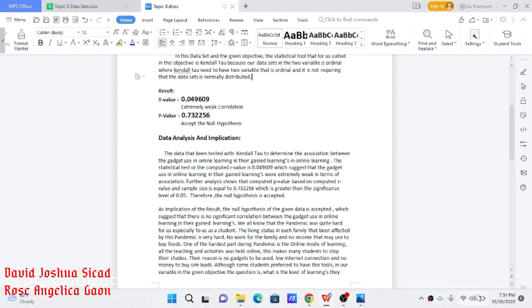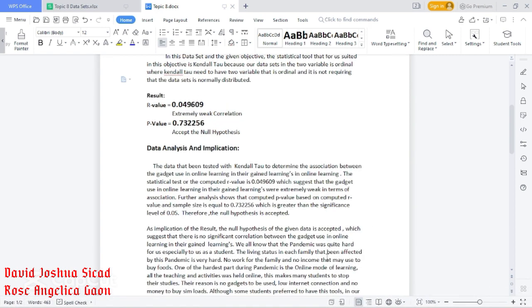So as the data analysis, the datasets were tested with Kendall Tau to determine the association between the gadget used in online learning and their gained learnings. The computed R value is 0.0496069, which suggests that the gadget used in online learning and their gained learnings were extremely weak in terms of association.